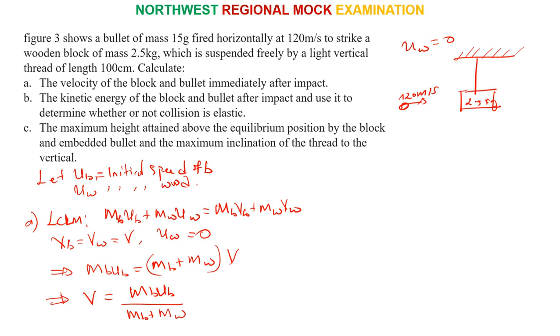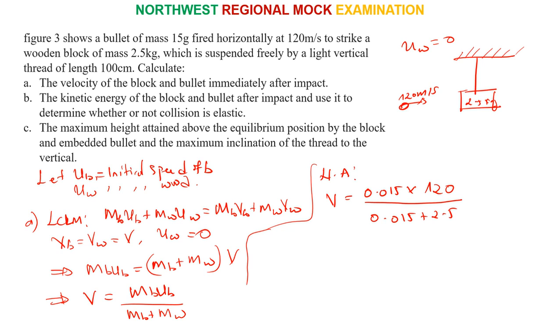So for the numerical application, it gives us the speed to be equal to the mass of the bullet, which is 15 grams, that will be 0.015 kilograms, times the speed, which is 120 meters per second, all of this divided by 0.015 plus 2.5 kilograms.